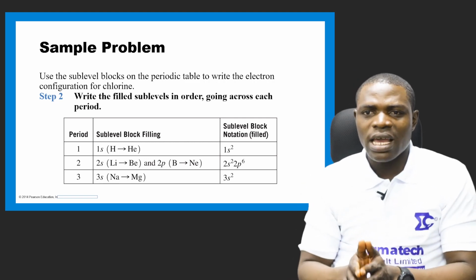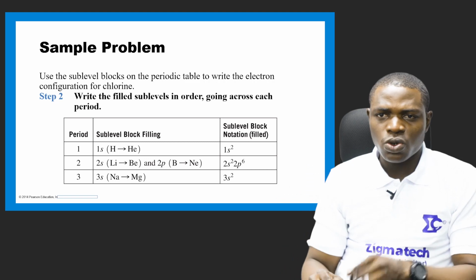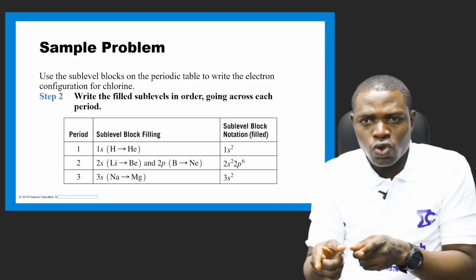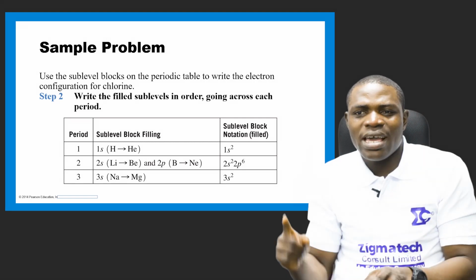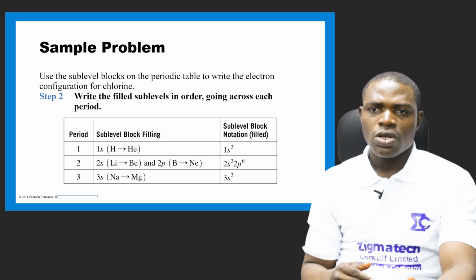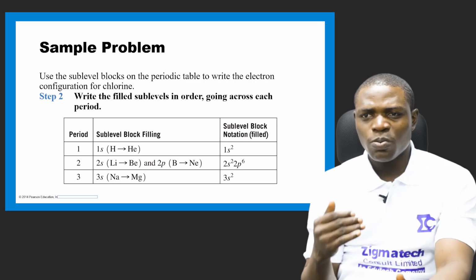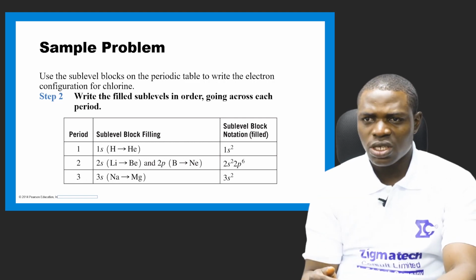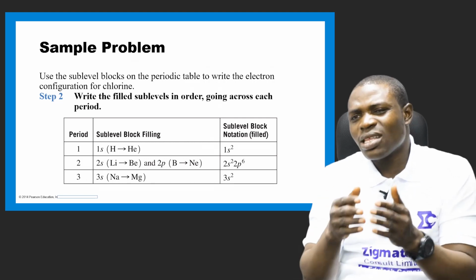You have 1s2. Now go to period 2, you have lithium, that will be 1s2 and 2s1. Going from lithium, you go to beryllium, boron, carbon, nitrogen, oxygen, fluorine, and the likes.